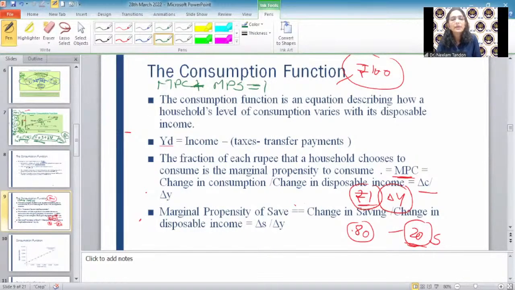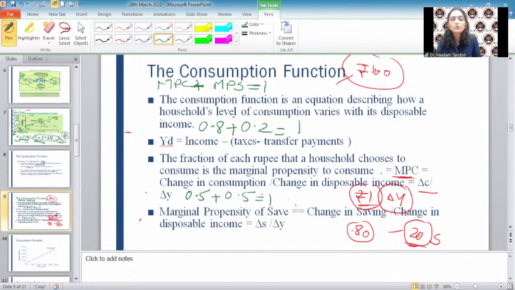That means if my income increases by 1 rupee and 0.8 I'm consuming, that means 0.2 I'm saving, that becomes 1. If I say MPC is 0.5, that means 50 paisa I'm consuming and 50 paisa I'm saving, that is 1.